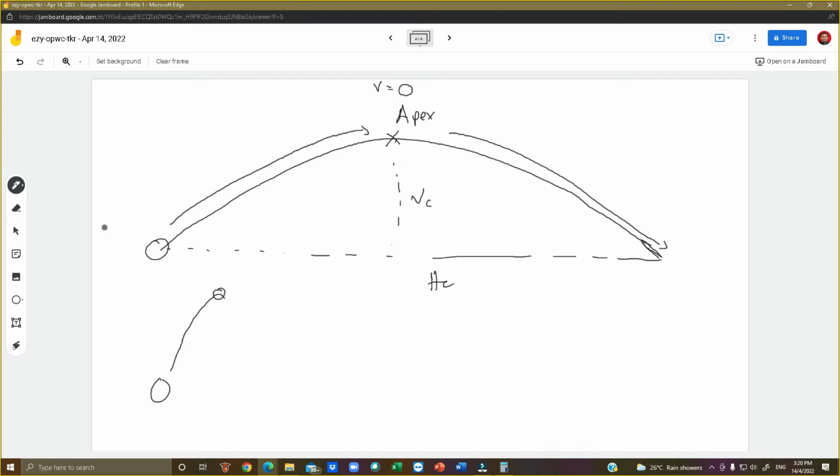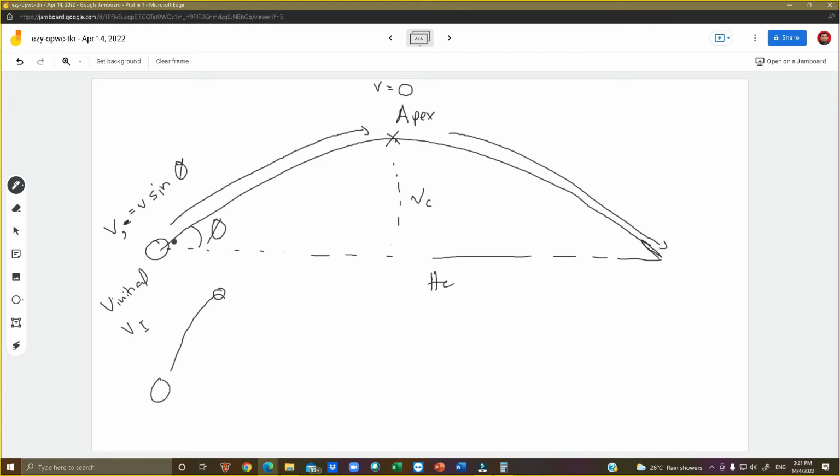Velocity at the bottom, at the starting point, which we call initial velocity, or V1, is V sin theta. Why sin? Because when we talk about projection, it involves angle.